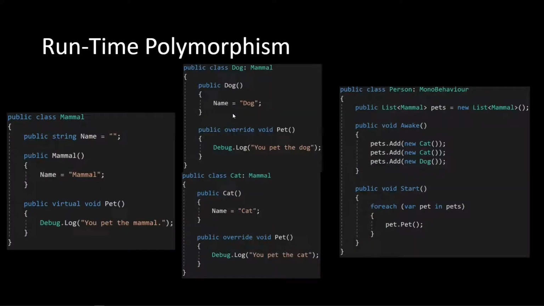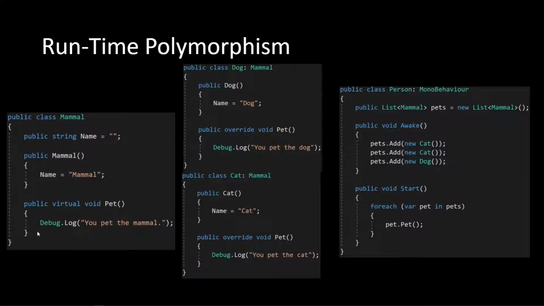Now, in the case of runtime polymorphism, where behaviors are being pushed onto an object on the fly, this is an example of that. This is closer to what I was showing in my example before. So imagine you have a class called mammal, and mammals have a name, and this is what happens when you pet a mammal.